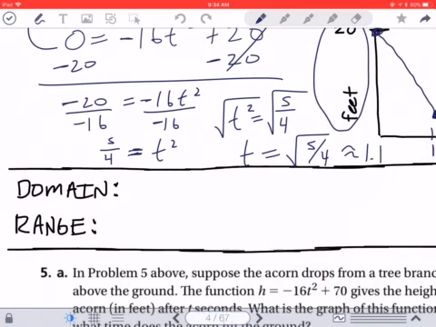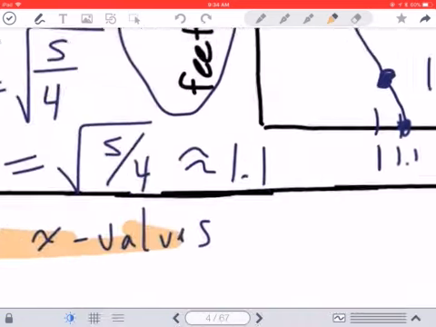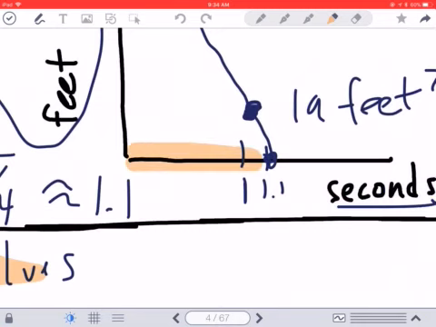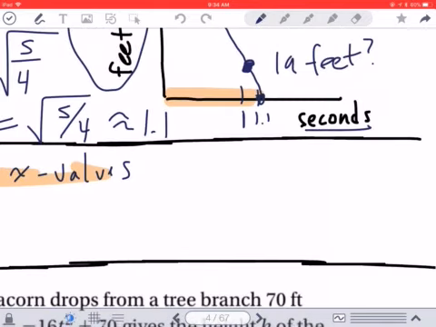So the domain is all the possible x values. I'll highlight that in orange, the x values are right here. So this is all the possibilities. As soon as this thing starts falling would be considered 0 seconds.